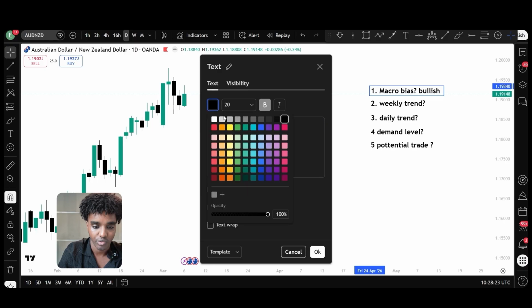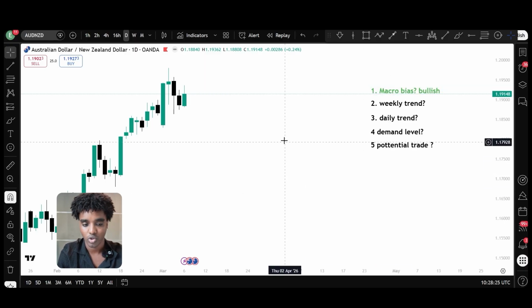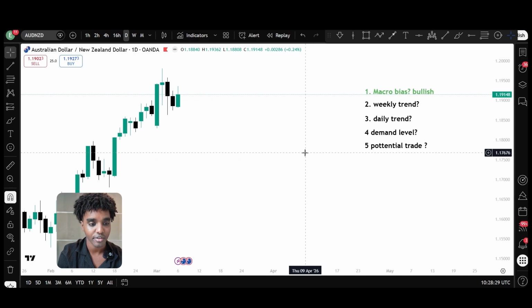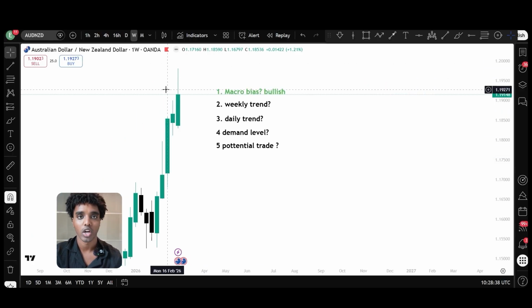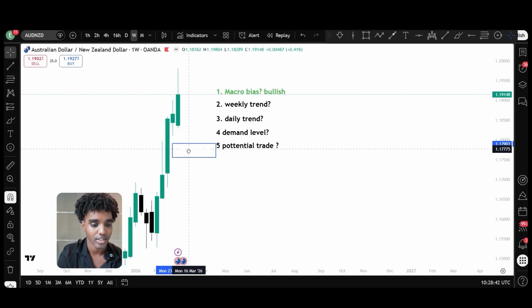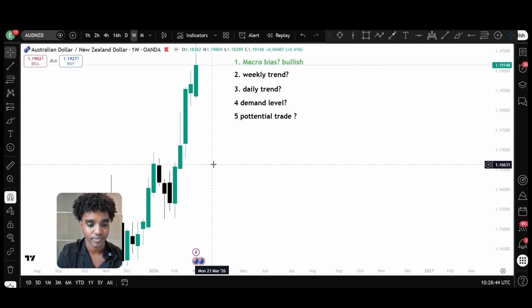I'll make it in green also. So we are looking for longs on this pair, and then after I have my bias, I want to align the technicals, starting with the weekly trend first. And let's take a look at what the trend of the Aussie NZD is telling us at this point in time.